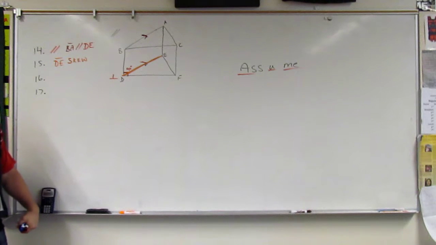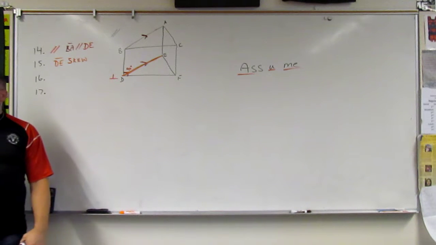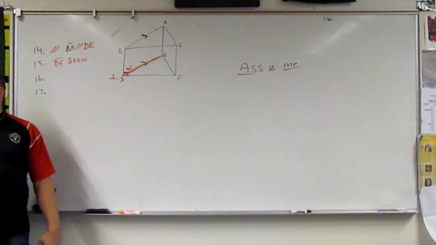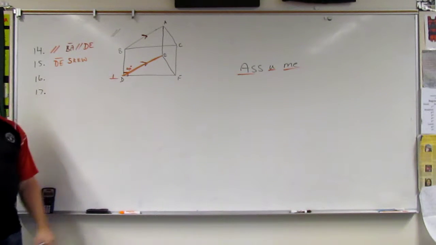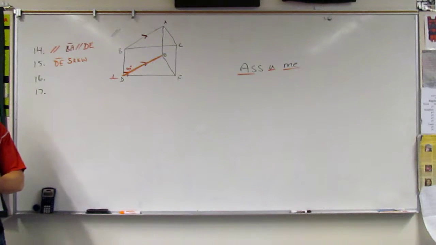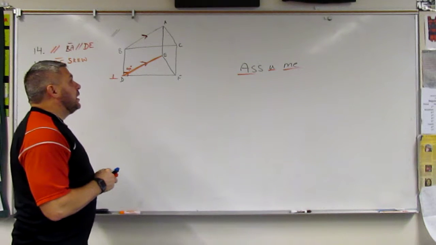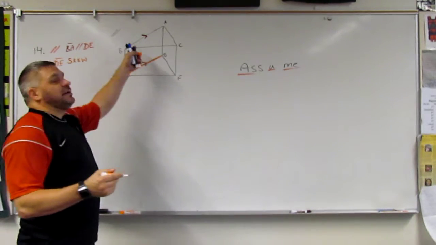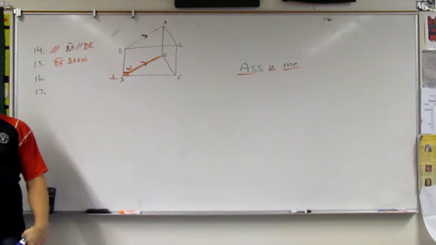What'd you say? E and F intersect. We want something that will not intersect. What does not intersect with this orange? What? A, B, C. A, B, but that's parallel. Parallel, I don't want, is not skew.